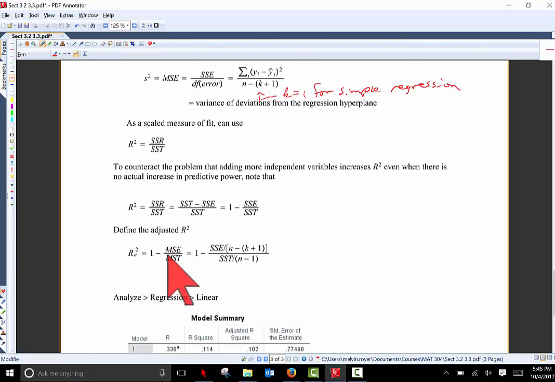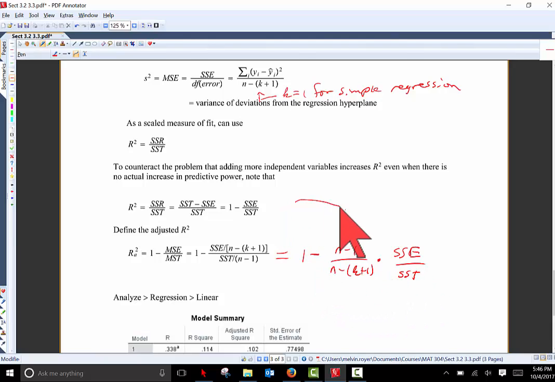This is after I divide by the degrees of freedom, so it looks like this. The degrees of freedom upstairs is n minus quantity k plus 1, whereas the degrees of freedom for SST is n minus 1. And if I unpack this compound fraction, I get the numerator n minus 1, the denominator n minus quantity k plus 1, then times SSE divided by SST.